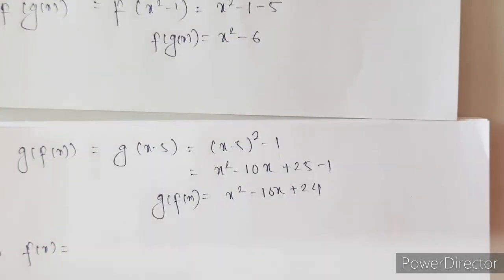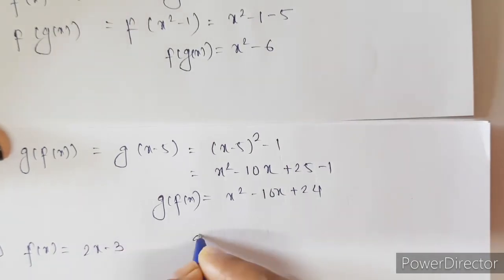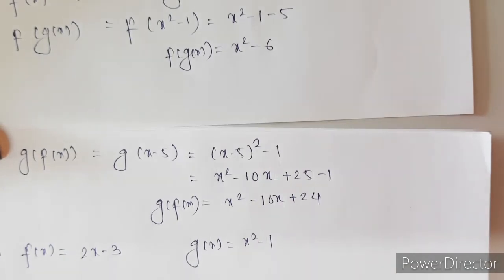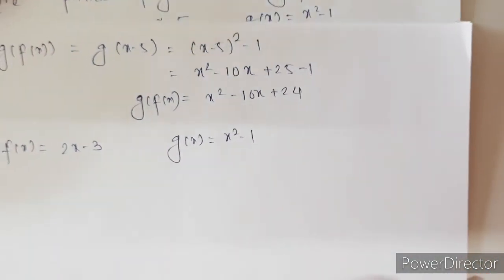Okay. Now the second question. F of x is given as 2x minus 3, and g of x is given as x square minus 1. Again we need to find f of g of x and g of f of x.